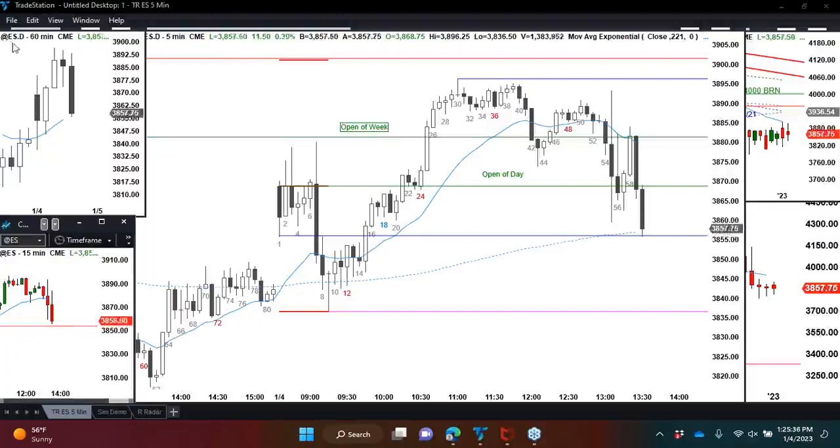There you go. Pretty strong second leg down. So probably always in short, testing the low, but probably going sideways here.